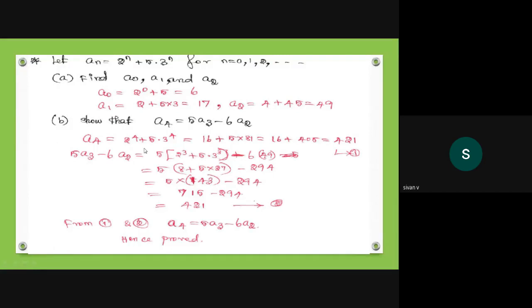So separately you are writing a4, it is 421. Using this relation also you can get the same answer. Therefore we are verifying that a4 can be written using a3 and a2. This is a recurrence relation. The a4 using a2 and a3 we are representing. Any doubt here?